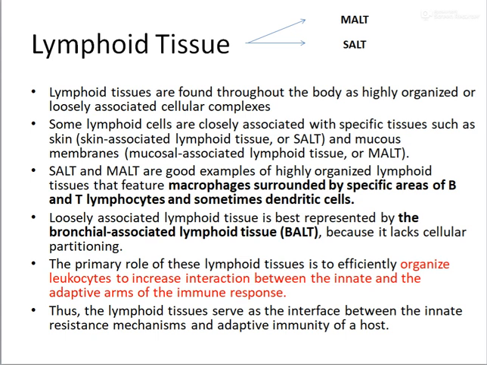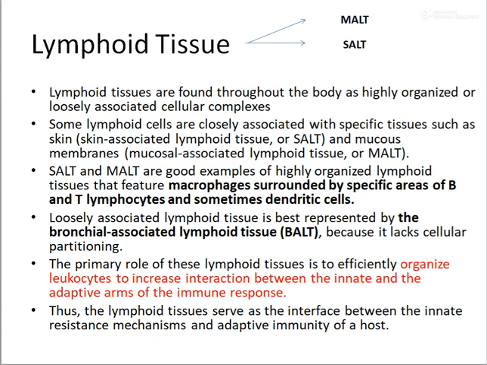For example, sometimes it can be associated with the skin, and we call it the skin associated lymphoid tissue, and sometimes it will be associated with the mucous membranes of different parts of our body, and then it is called the mucosal associated lymphoid tissue. SALT as well as MALT, as they are abbreviated, are good examples of highly organized lymphoid tissues.